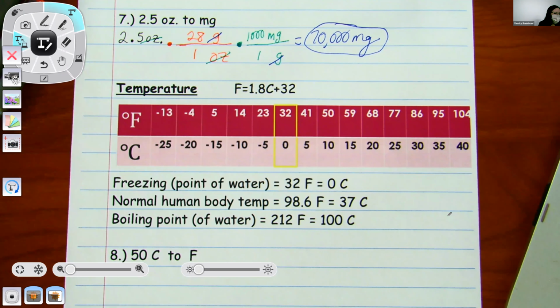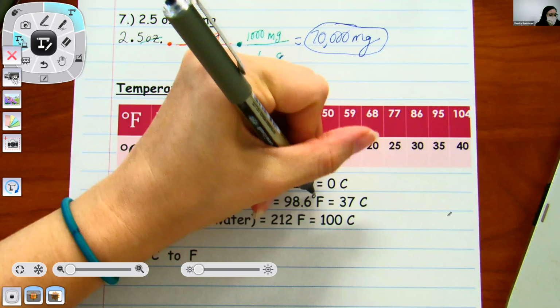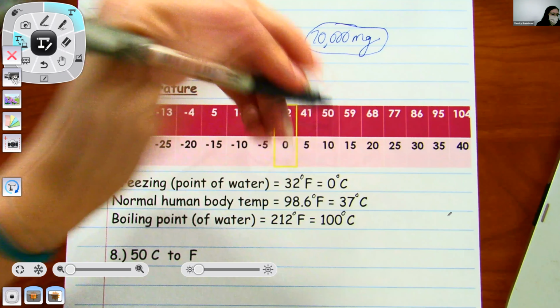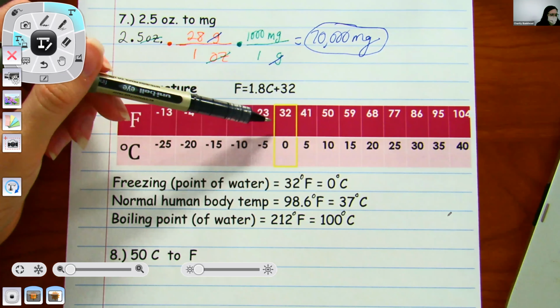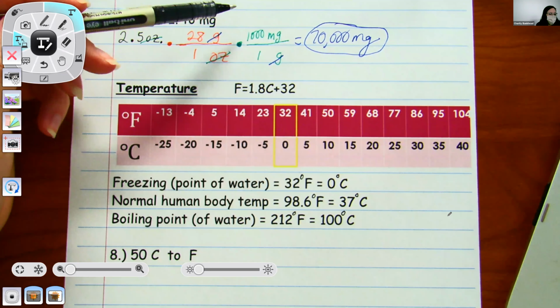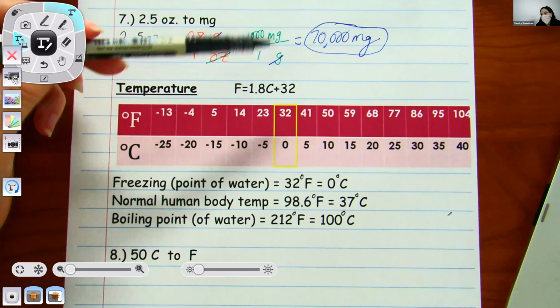Just to give you some comparison here: in Fahrenheit, which is what we more commonly use in the US, 32 degrees is the freezing point of water, and in Celsius, they've set that to be 0 degrees.